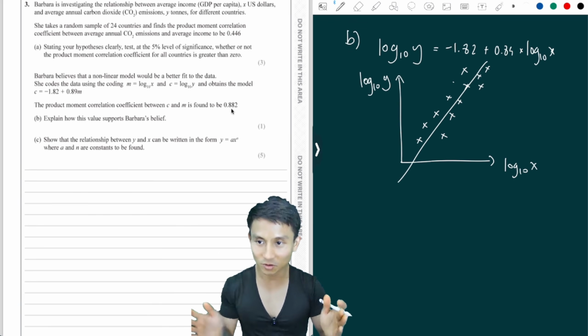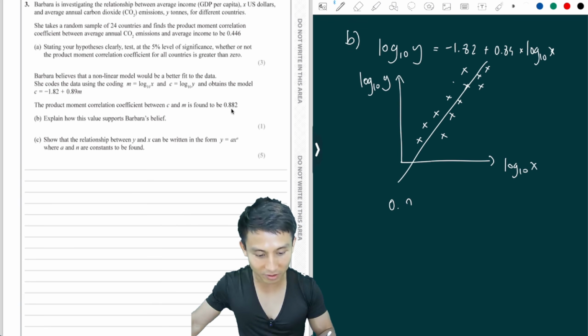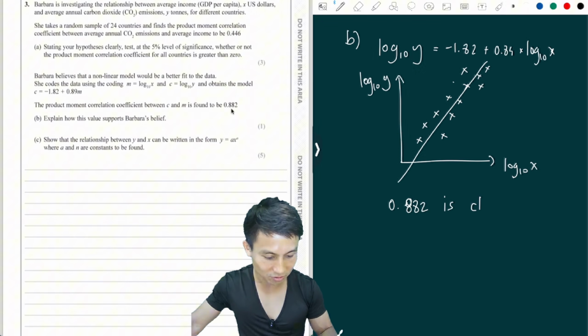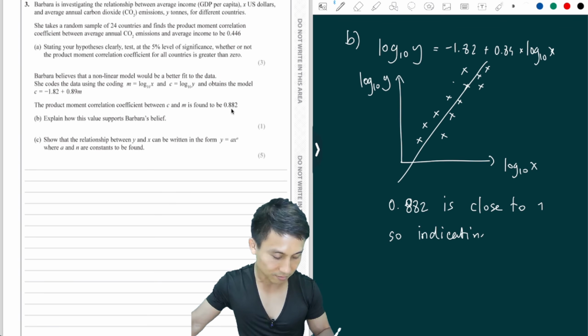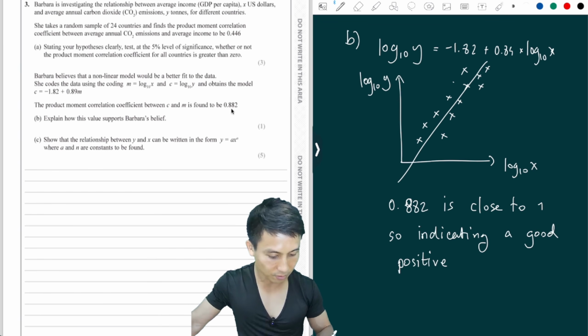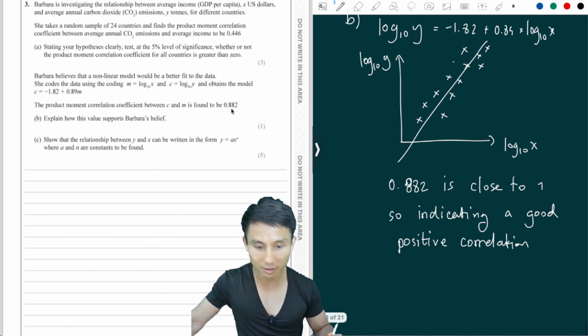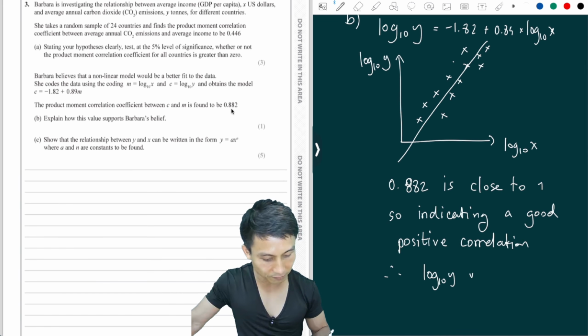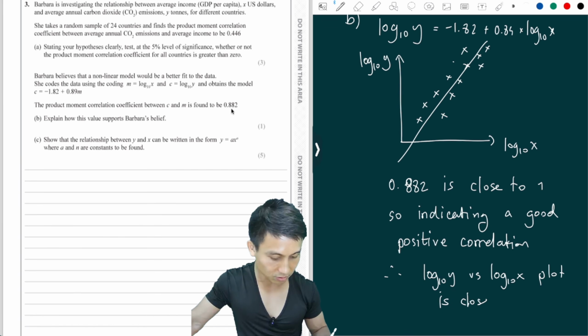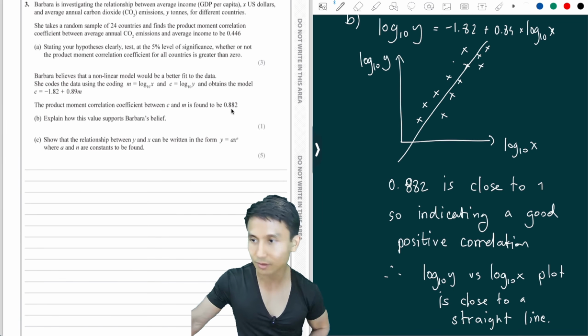So we say that 0.882 is close to 1, indicating a good positive correlation. Therefore, the log base 10 of y versus log base 10 of x plot is close to a straight line. Yeah, that's how we say it.